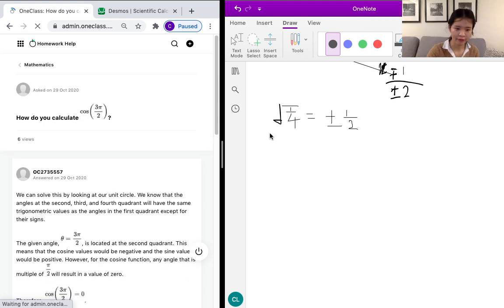Our fourth problem asks us how we would calculate the cosine of 3 pi over 2.